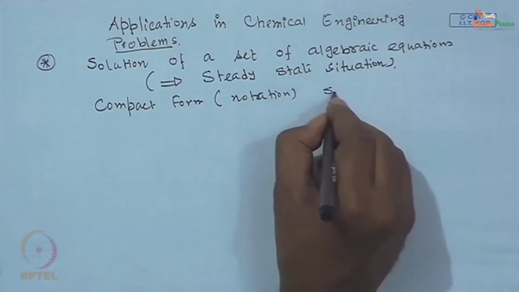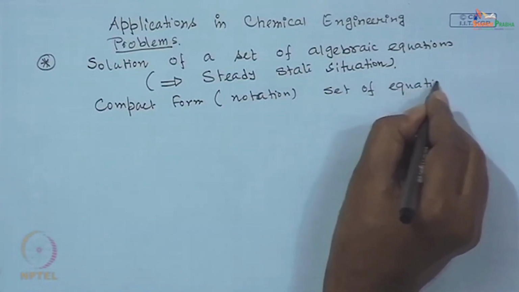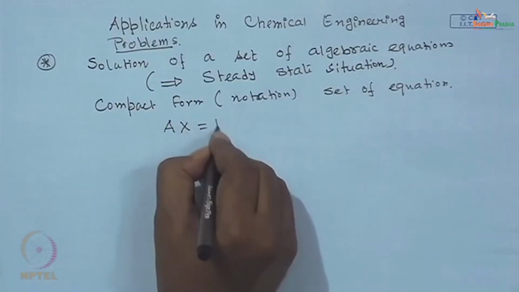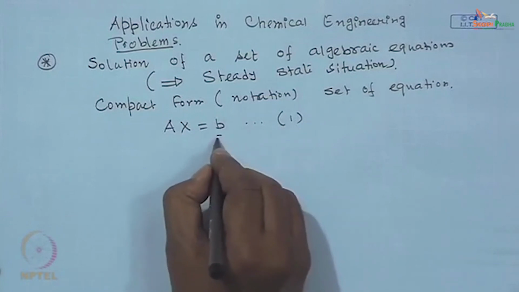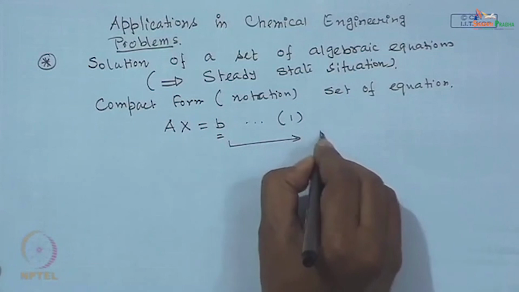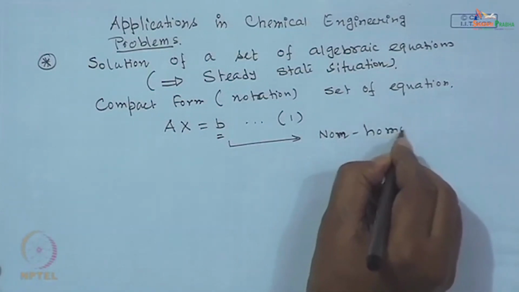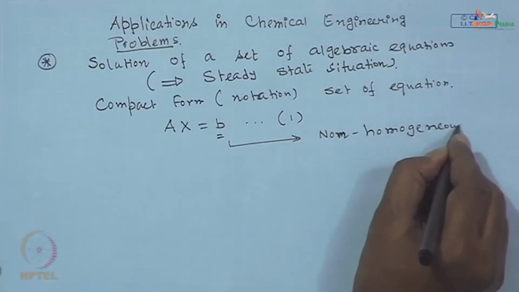This set of equations is written in this form: A x is equal to b, and this term b on the right hand side is the source of non-homogeneity, and therefore, these equations are called non-homogeneous algebraic equations.